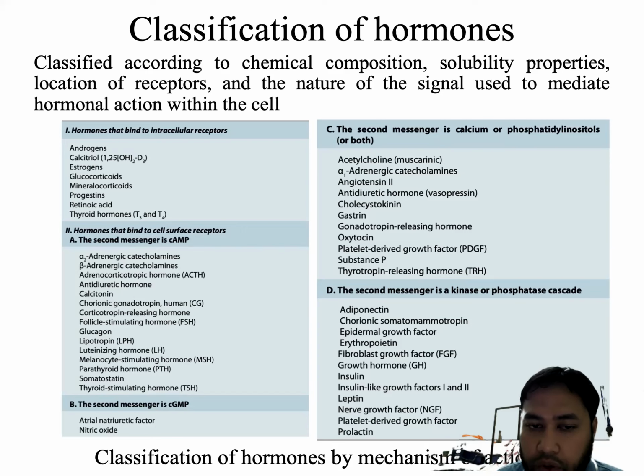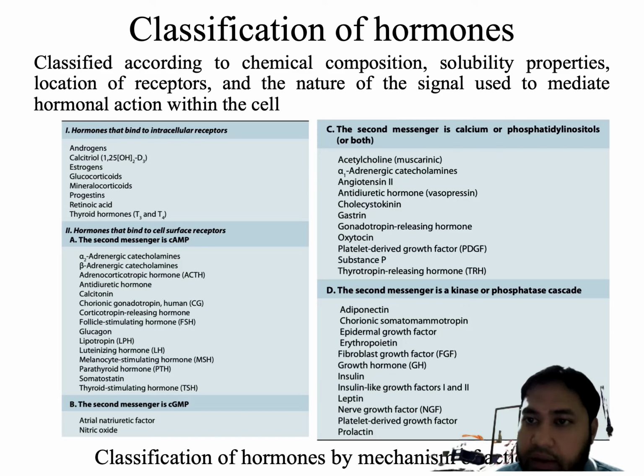When all of these hormones bind to certain receptors located on the cell, for example beta cells of the pancreas, when the hormone binds to the cell surface receptors, they will produce the signal in the form of cAMP. So these are all hormones that bind to the cell surface receptor but can only send signal in the form of cAMP.